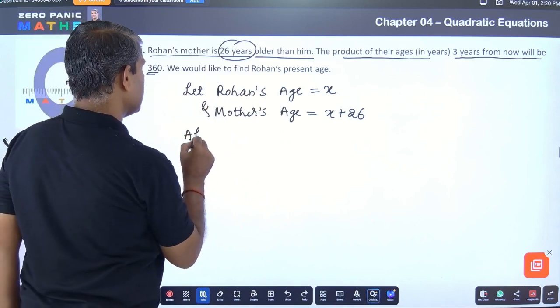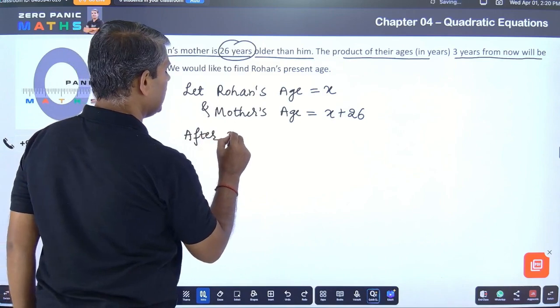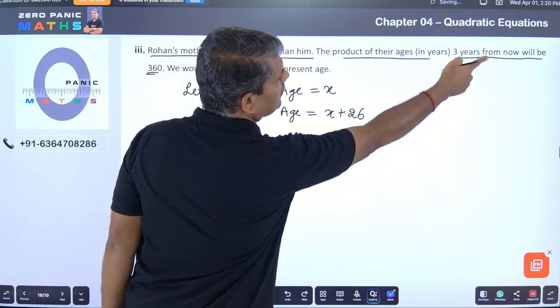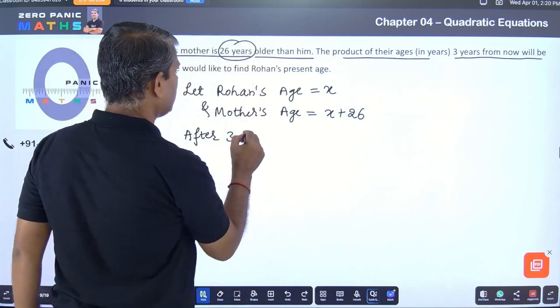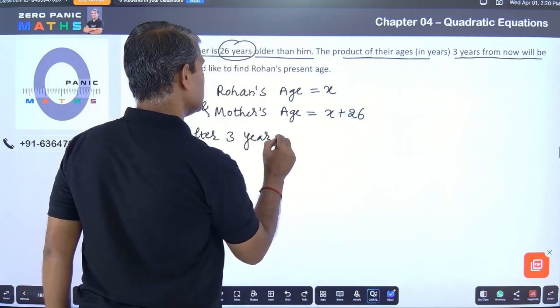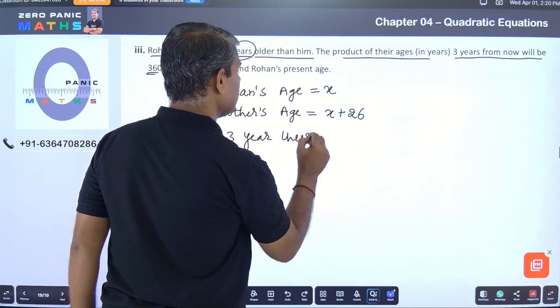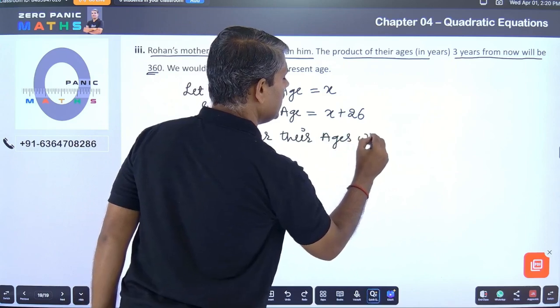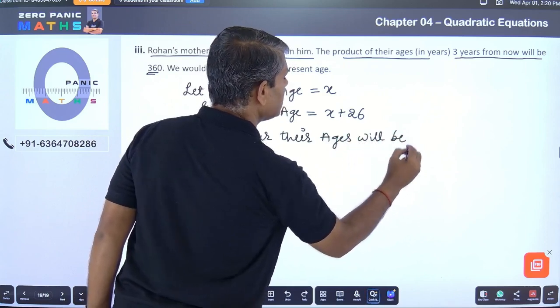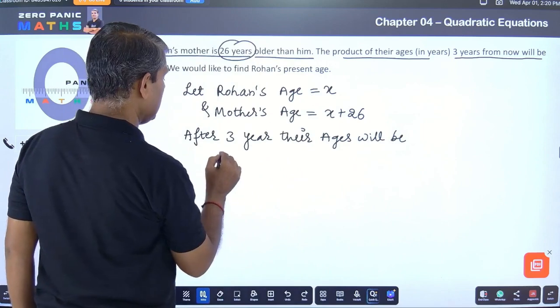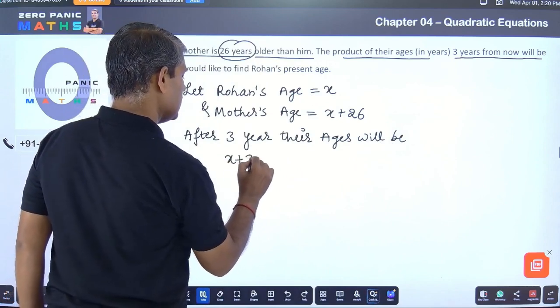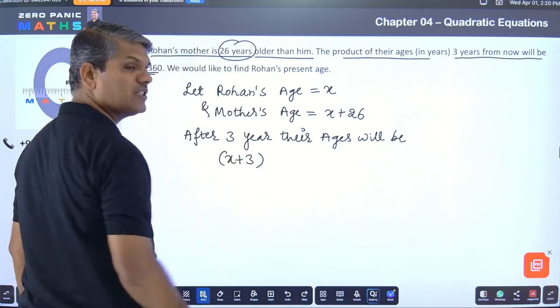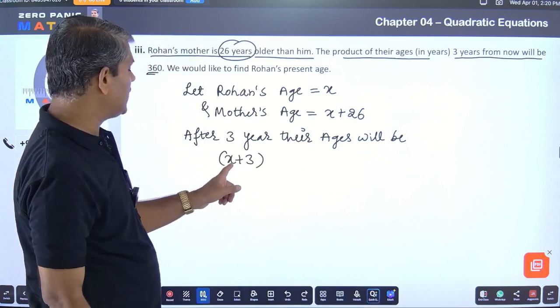After 3 years, what will their ages be? x plus 3 is Rohan's age, because Rohan's current age is x.